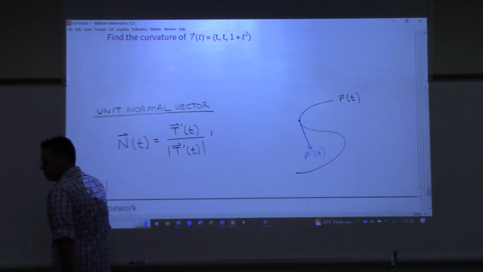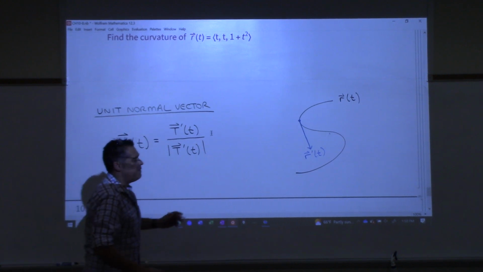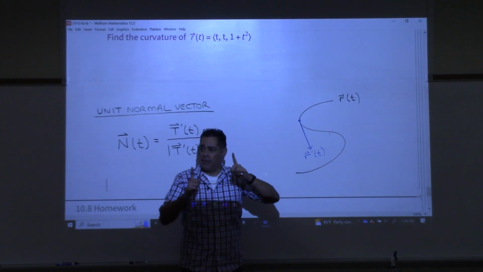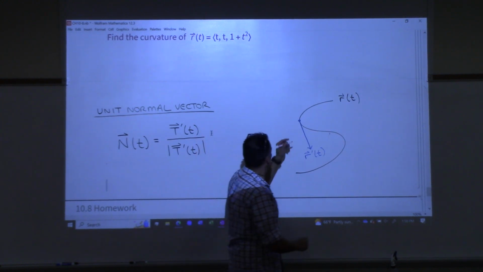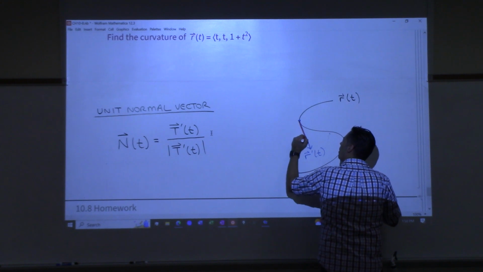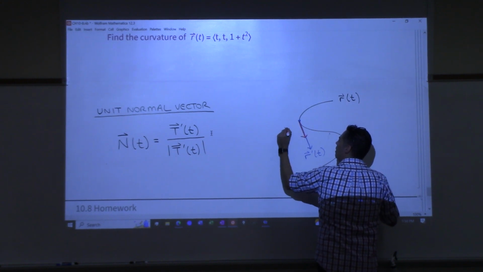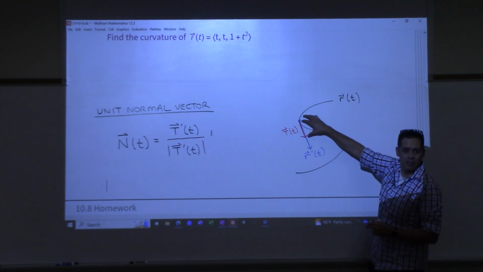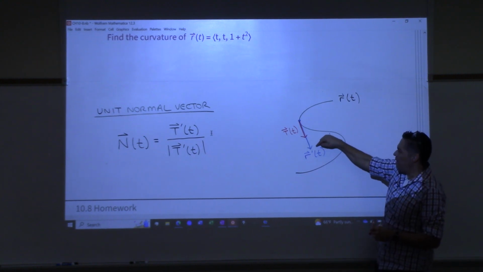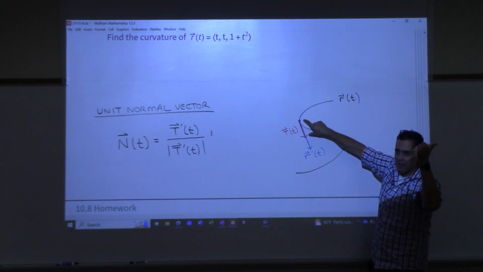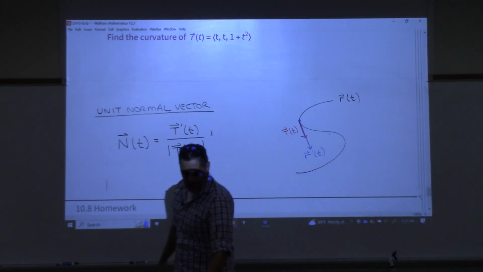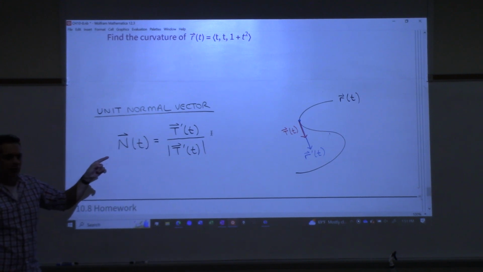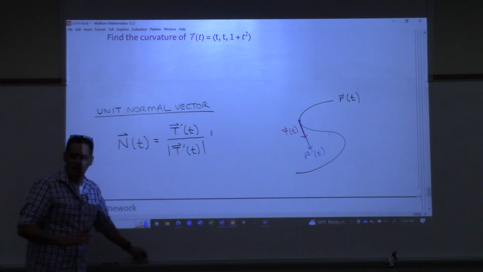Then if I take this vector that's tangent to the curve at that point, and I normalize it, I make it have a unit length, a length of 1, I get capital T of t. That's our unit tangent vector. That's that vector divided by its own length. We did that last class. This vector is orthogonal to that red vector. But it's also orthogonal to another thing called the binormal vector.